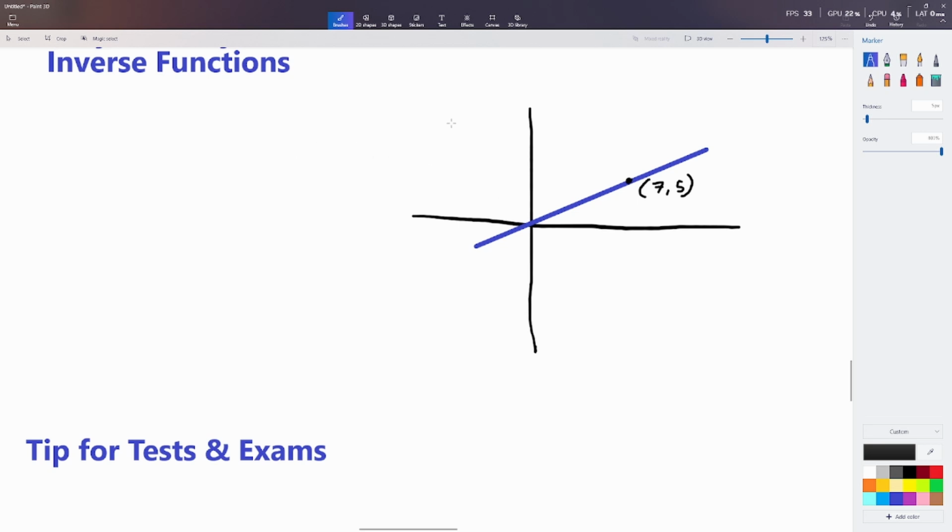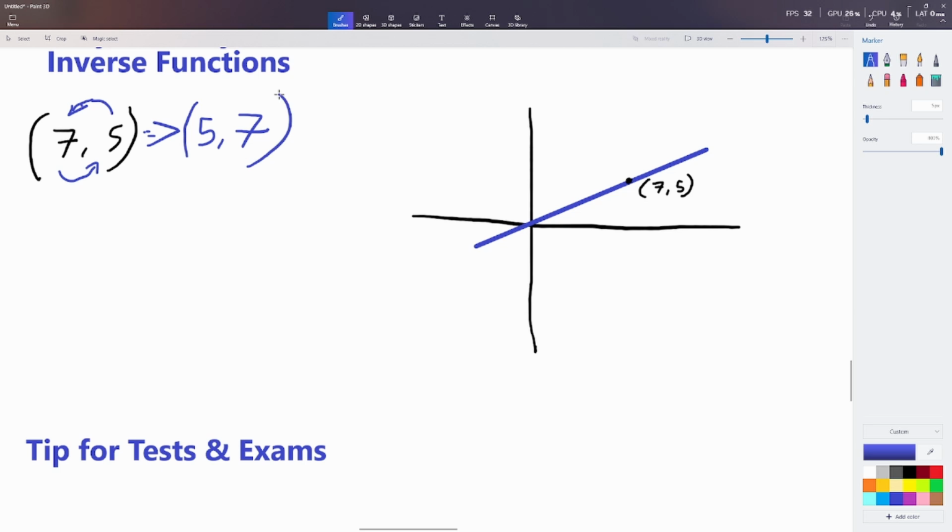And you kind of have to understand that, let's say you have the points 7 and 5 of your function, then inverse function is when you flip these. So therefore it would be 5 and 7.